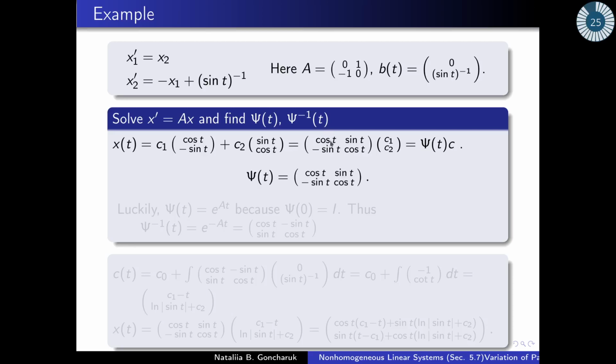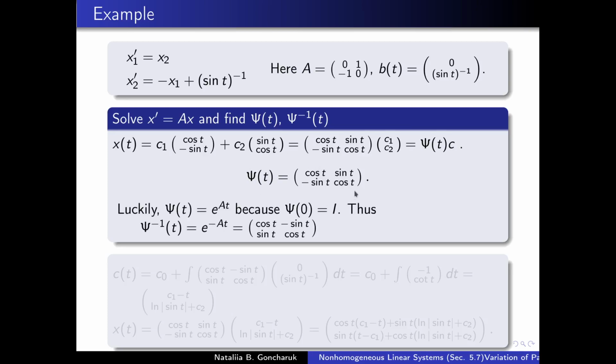Its columns are solutions of the equation. This solution is the first column, and this solution is the second column. And this is my fundamental matrix for the homogeneous part. Now I need to invert this matrix. Luckily, this matrix is actually equal to the matrix exponential, so it will be easy to invert.